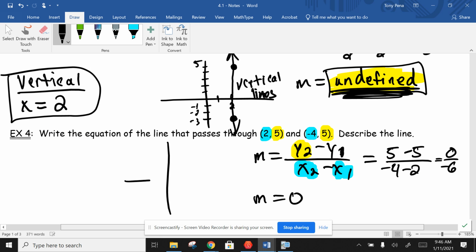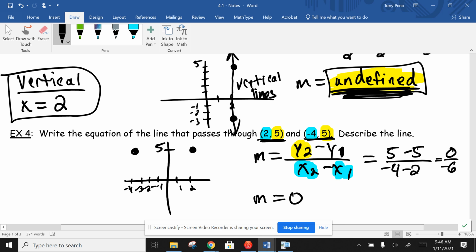I'm going to do the same thing. We could actually do this with formulas, but this is something you want to get memorized. Let's plot these points. The point 2, 5, so 1, 2, and then 5 is up here. So there's that first point, 2, 5. And then plot this point, -4, 5. So -1, -2, -3, -4.